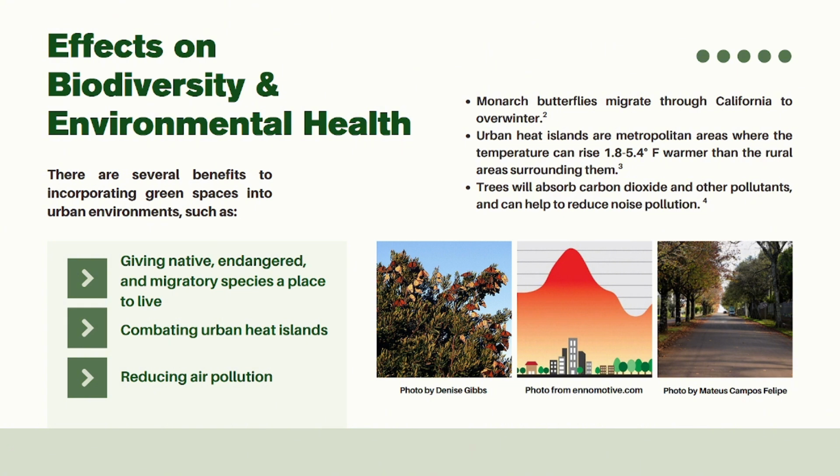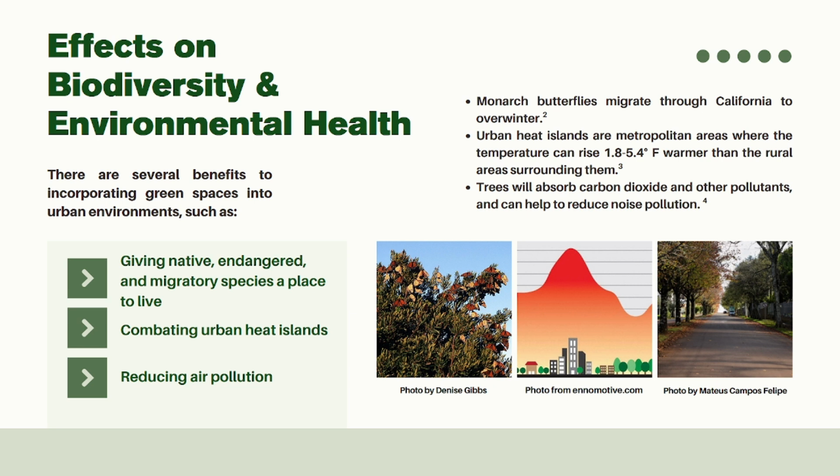Something that comes to mind is the Butterfly Sanctuary in Monterey Bay, and just green spaces for these butterflies, and by extension, other species that come through California or live in California is really important to preserve the biodiversity of the state.